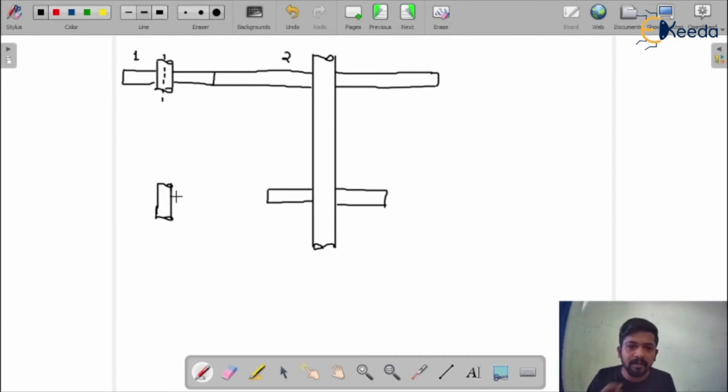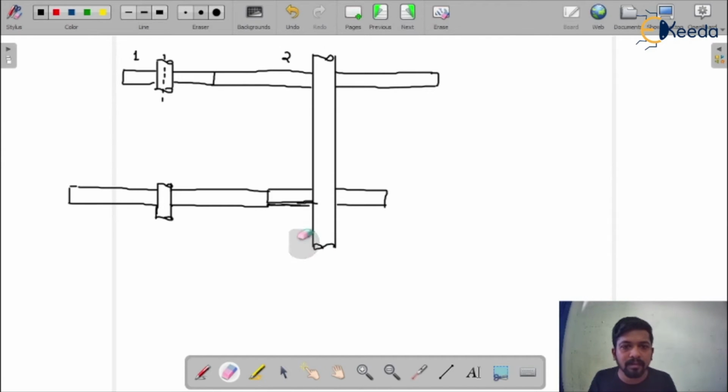Now what is the driver between 1 and 2? Gear 1 is the driver and gear 2 is driven. In 3 and 4, gear 3 is the driver and gear 4 is driven.